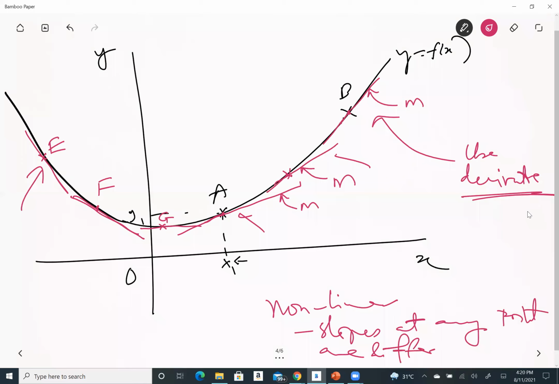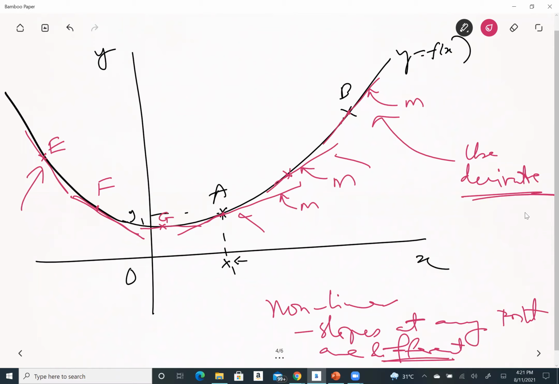They are not the same. Here, in terms of steepness, you can see different steepness compared to the other side. For a linear function, the slopes are the same everywhere.